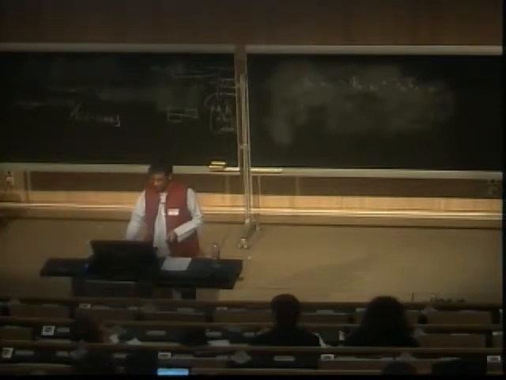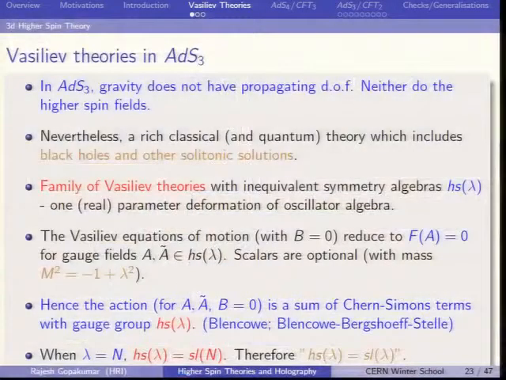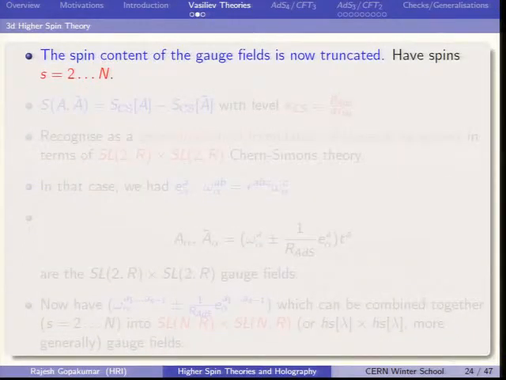Okay, so in the case of SLN, let me first explain, though this will not be the case that we will be looking at, but since SLN is probably more familiar to you, let me first explain in the context of SLN, and then extrapolate to the HS lambda case.